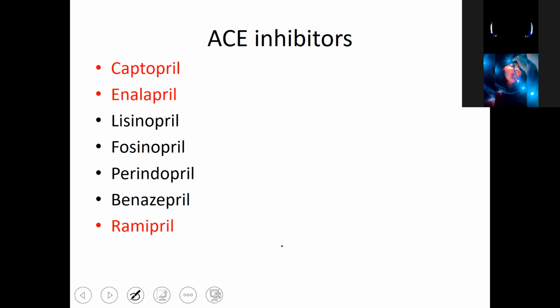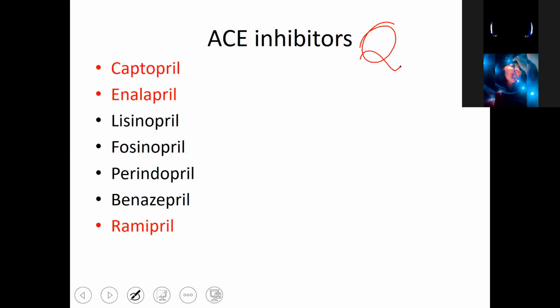Coming to the ACE inhibitor drugs, it is one of the questions, a short question actually: enumerate the ACE inhibitors. Many people write many things, and many times people write names which we have never heard, so neologism also happens here.